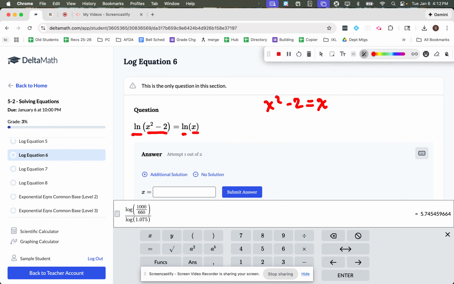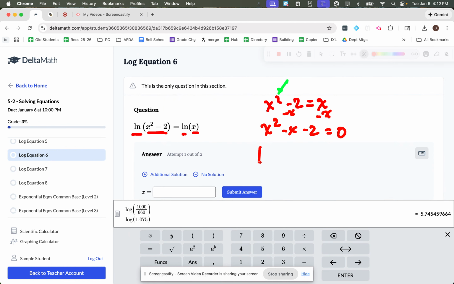And once again, you've got yourself a quadratic equation, which means your strategy is just like the one before: x squared, and let's subtract this x from both sides. Minus x minus 2 equals nothing. Okay, this is what you're working with.